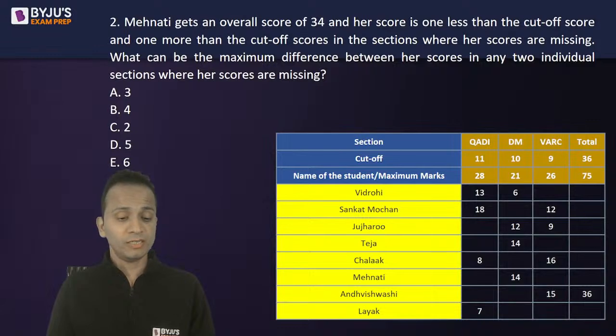Do it carefully, explore all the possibilities, and look at your target. You'll have to maximize the difference between her scores in any two individual sections where her scores are missing.